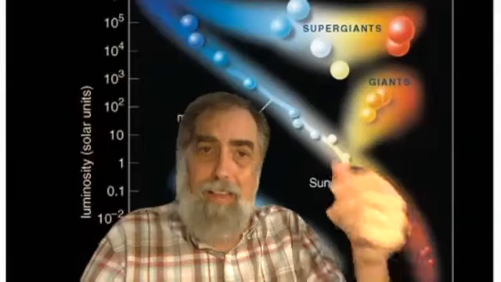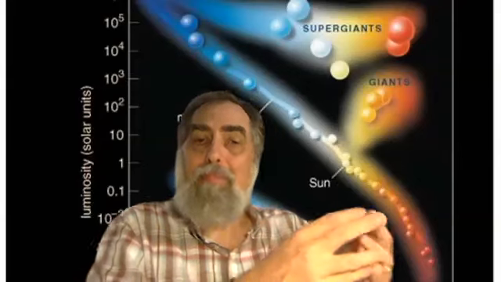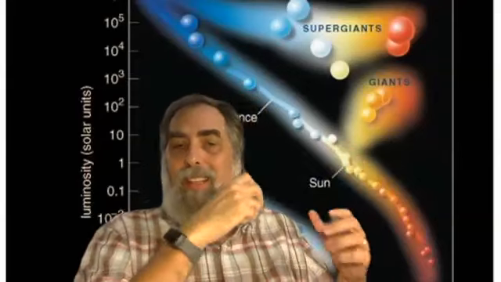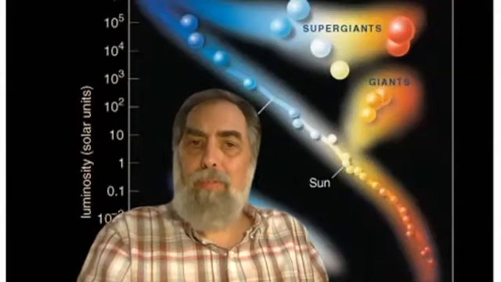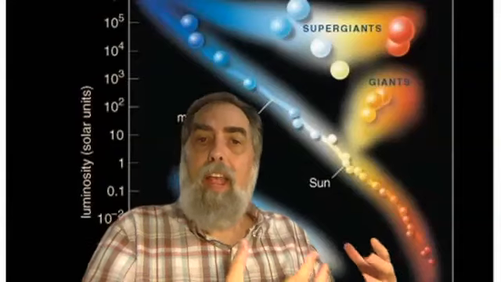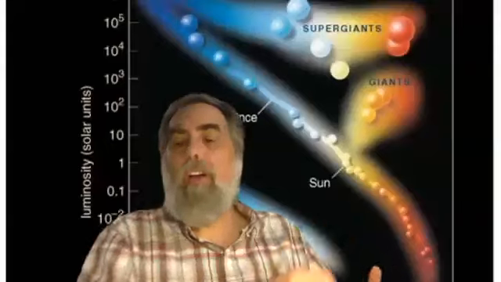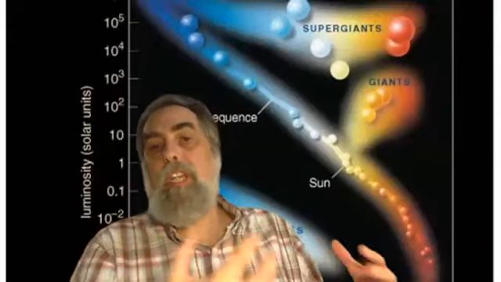Now, our sun is kind of in the middle, as a 10 billion year lifespan star. It's a one solar mass star. So that means that if the sun formed in a star cluster and it stayed there, it would stick around as a main sequence star in that cluster for about 10 billion years.